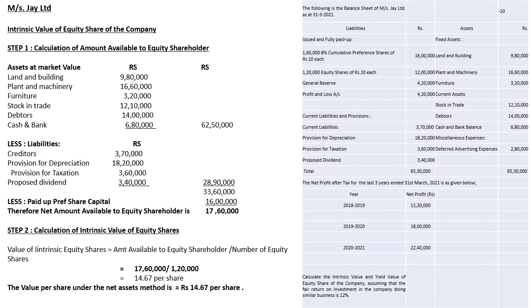You divide the amount available to equity shareholders by the number of equity shares. 17,60,000 divided by 1,20,000, you get your answer 14.67 per share. So the value per share under the net asset method is rupees 14.66 per share.